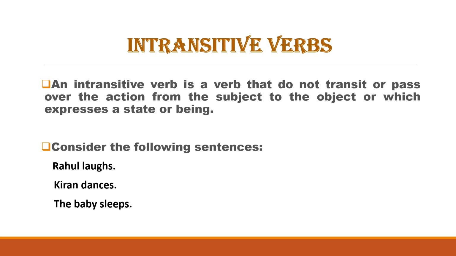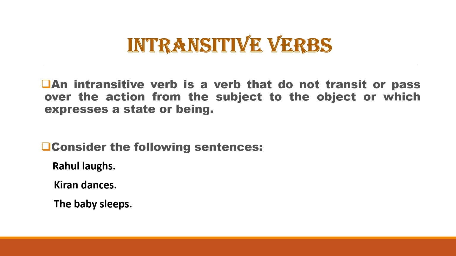Now, moving on, intransitive verbs. An intransitive verb is a verb that does not transit or pass over the action from the subject to the object or which expresses a state or being. Consider the following sentences. Rahul laughs, Kiran dances.